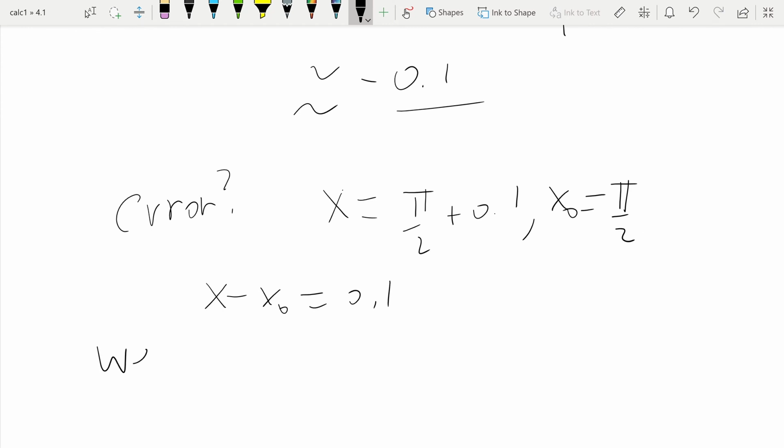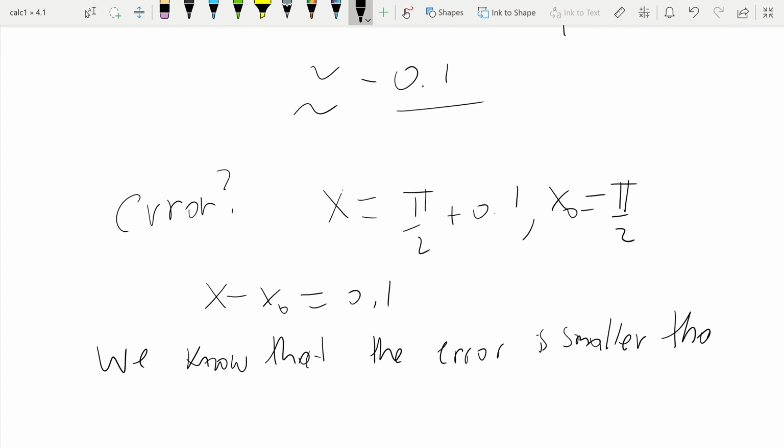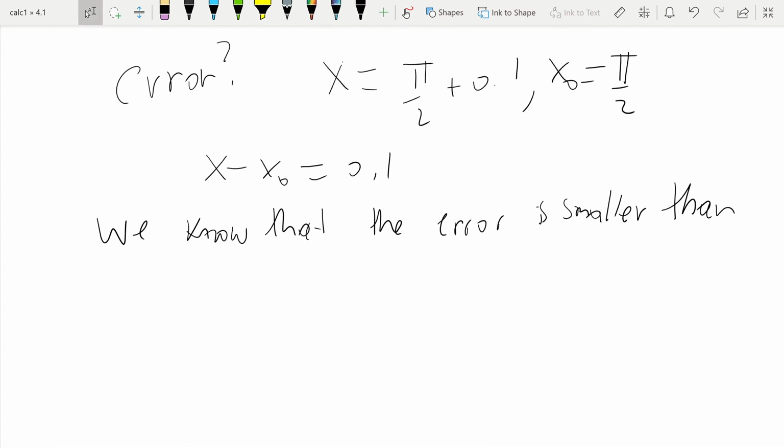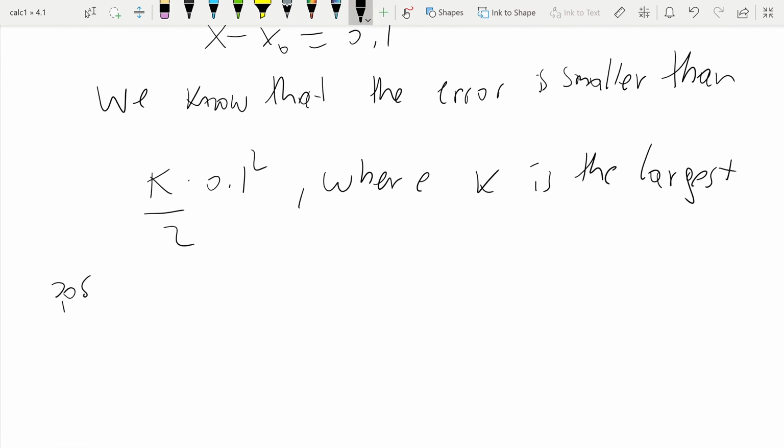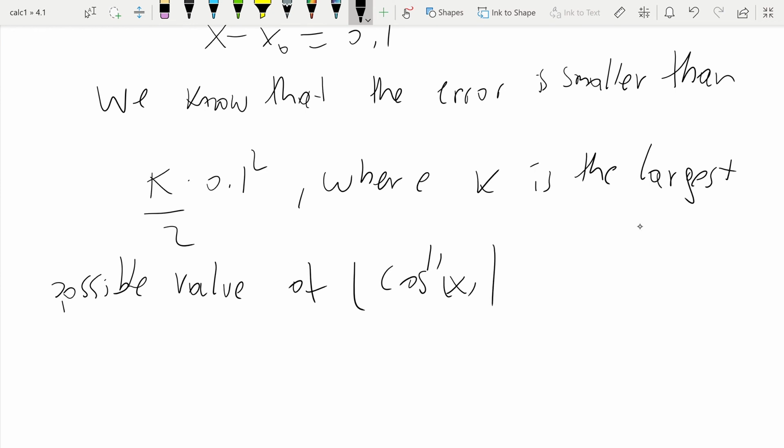So we know that the error is smaller than k times 0.1 squared divided by 2, where k is the largest possible value of cosine double prime of x for x inside the interval pi over 2 and pi over 2 plus 0.1.